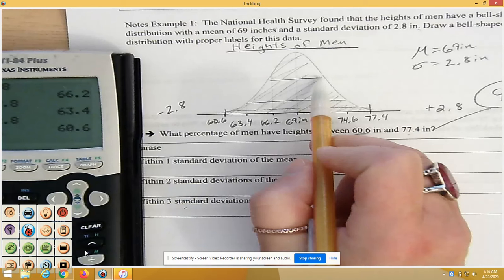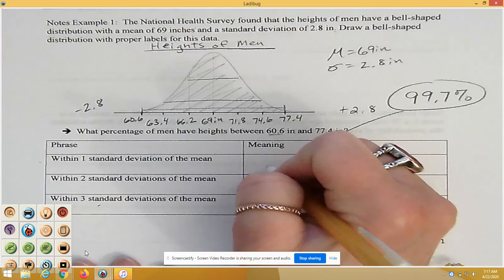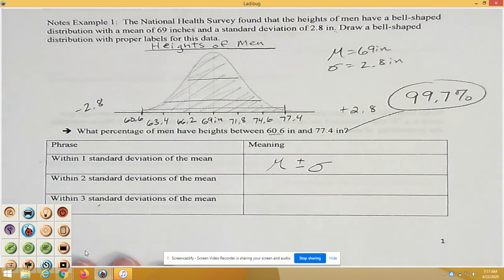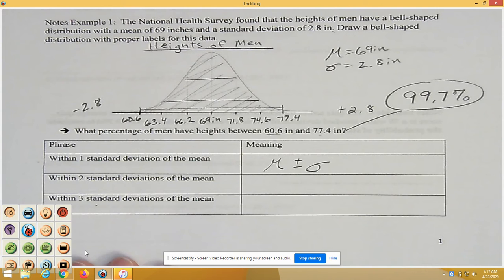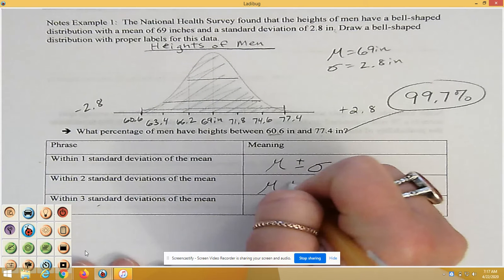The phrase within 1 standard deviation of the mean means mu plus or minus 1 standard deviation. Within 2 standard deviations, you have mu plus or minus 2 standard deviations. And within 3 standard deviations, you have the mean, and you could go up 3 and below 3.